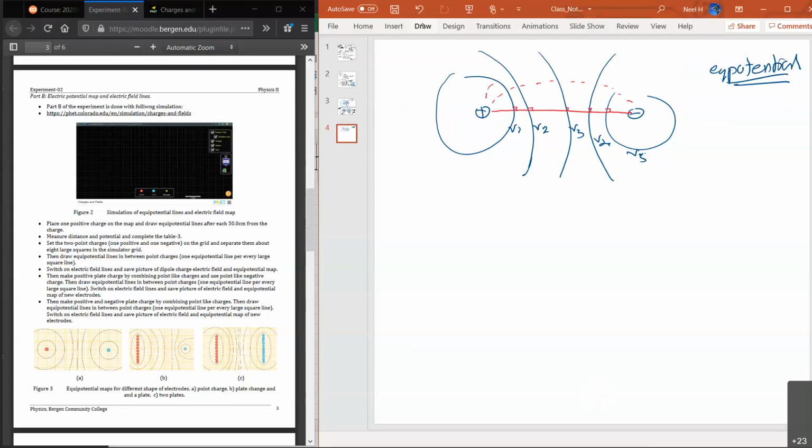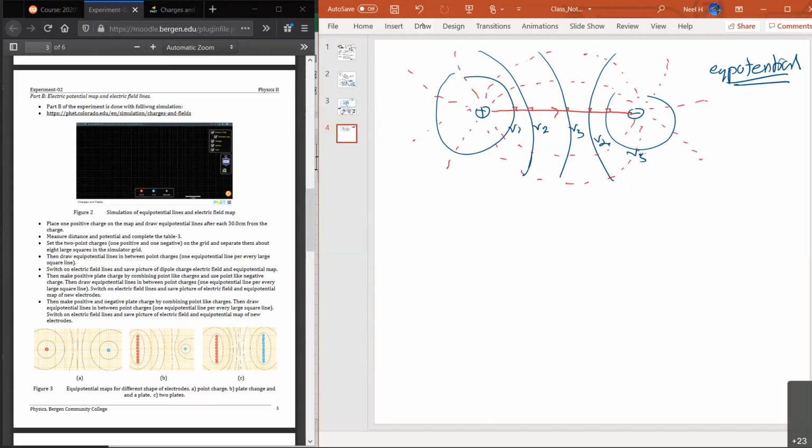This red line, you can't really measure anything. You can draw it by knowing the behavior of the equipotential lines. So this is just a guide to the eye. It is not actually scaled or anything. This red line now represents the electric field line.